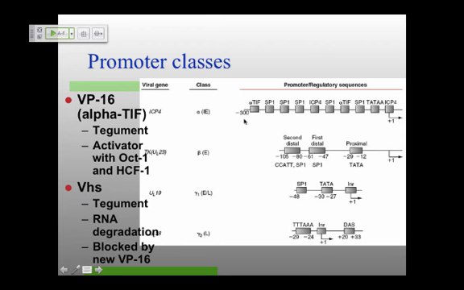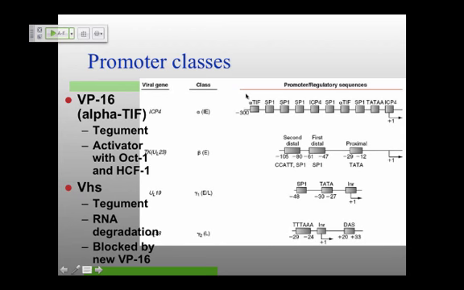What do you see in here? Lots of different binding sites, SP1, TATA box, etc., which are cellular transcriptional regulators, but you also see all these binding sites for this protein called alpha-TIF and also ICP4. ICP4, again, infected cell protein, so this is a viral protein which is going to bind there, and alpha-TIF.